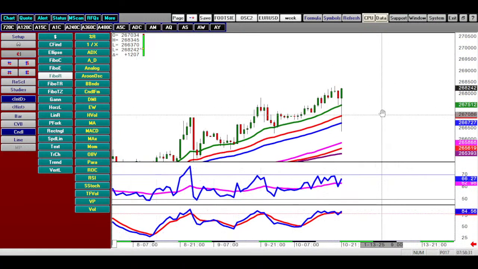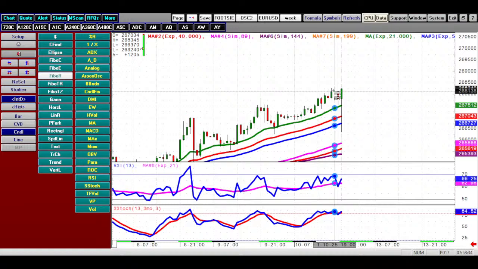Then we should see the next move happening. Now I think the 83 is testing.